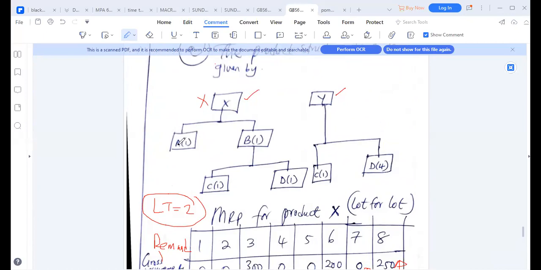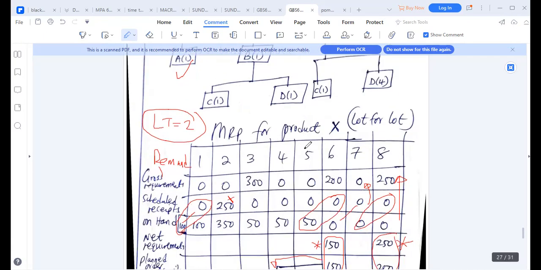For A, we have done A, X, Y. So B is actually coming from X. So whatever is coming from X goes to B. The releases of X will go to B.